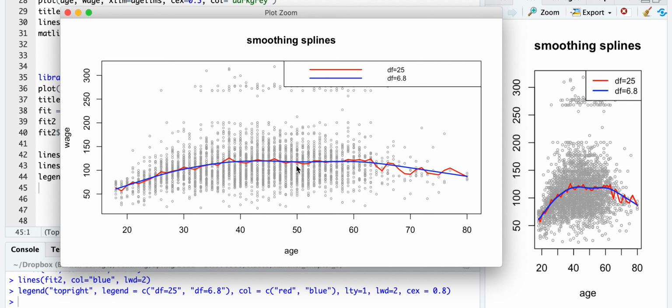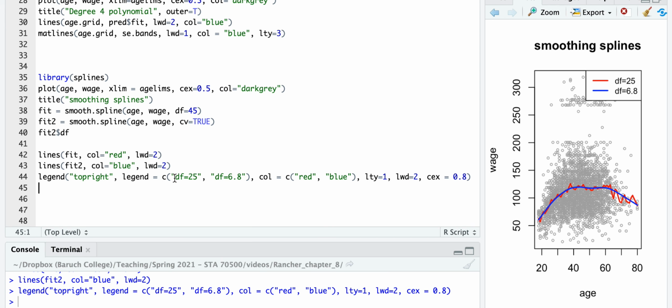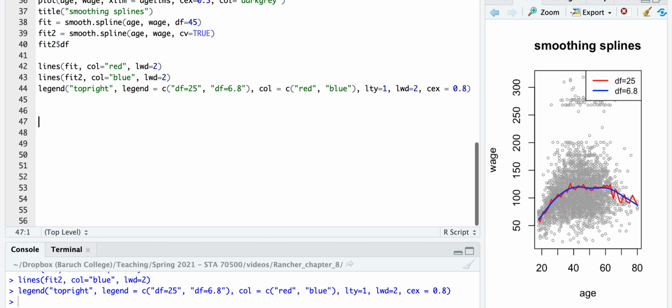So you see the difference. So this is really easy to use. Okay, next we go to generalized additive models.